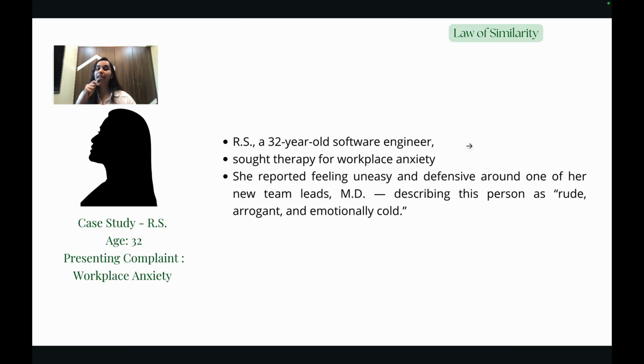Now let's understand the law of similarity through a case study. RS, a 32-year-old software engineer, is looking for therapy for her workplace anxiety. She reported feeling uneasy and defensive around one of her new team leads, MD here, describing this person as rude, arrogant, and emotionally cold.